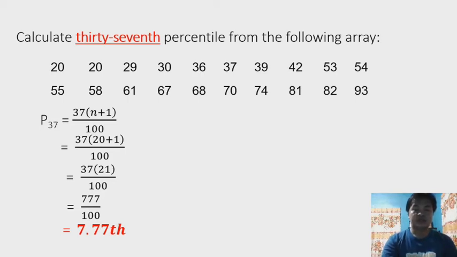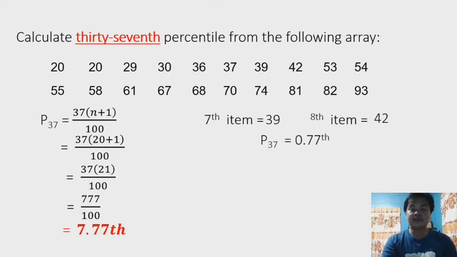onwards. The value of 7th item is 39. And the value of 8th item is 42. Thus, the 37th percentile is 0.77 of the way between 39 and 42, which will be calculated as 39 plus 3 times 0.77.